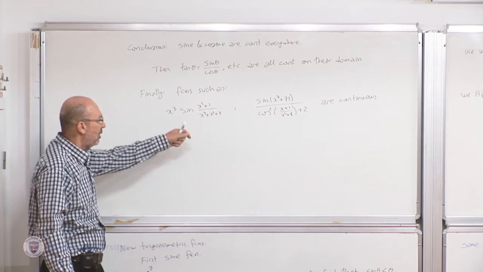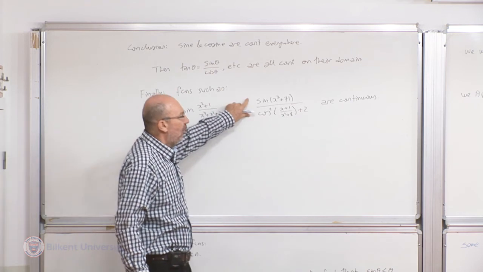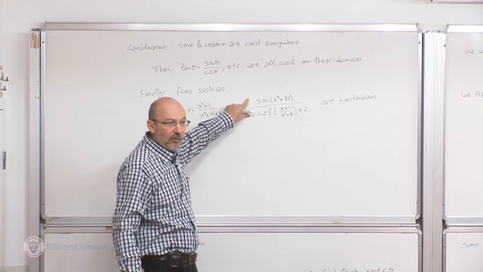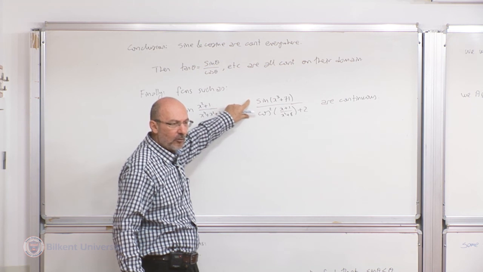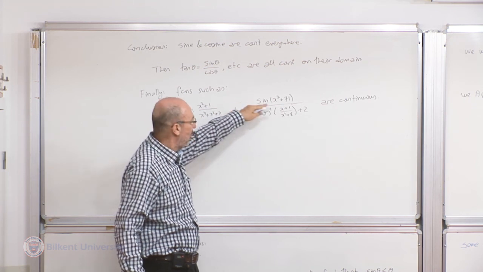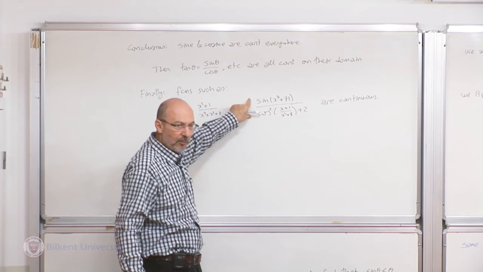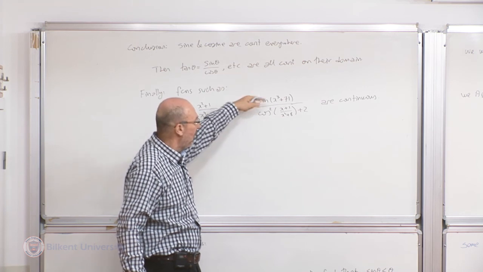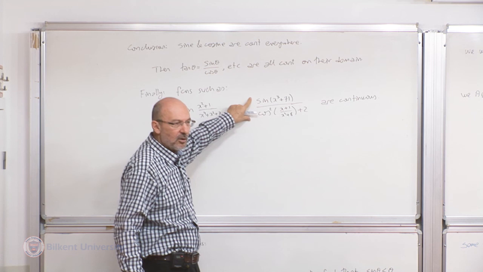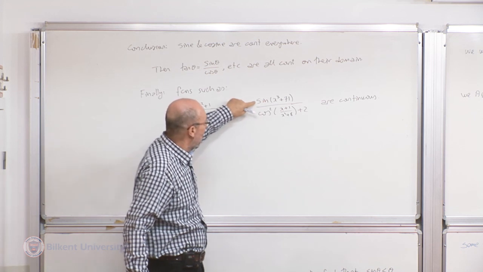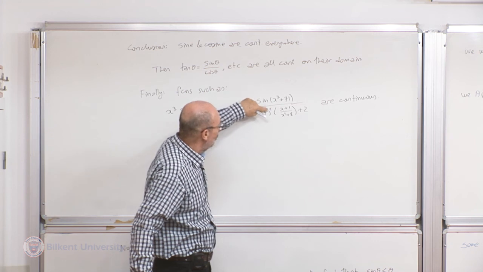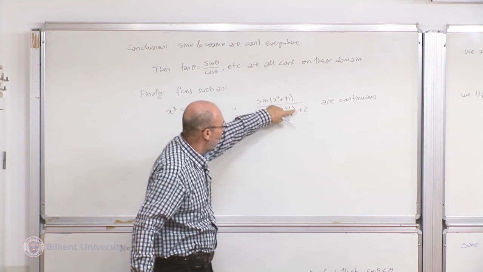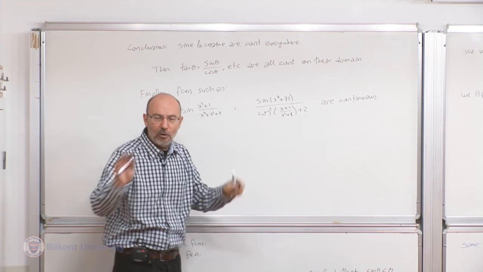If I used only the definition of continuity, how would I know that this is continuous? I would first have to calculate its limit, but calculating its limit is horrible. But I immediately now know that sine is continuous, cosine is continuous, squares, polynomials, rational functions, addition, division, they are all continuous things.